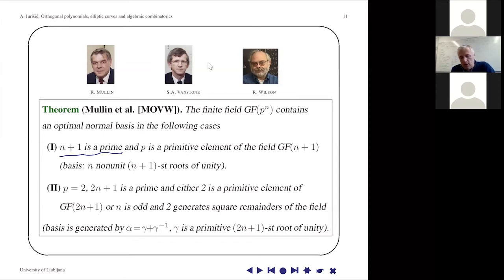And it turns out that these type 2 bases are generated by alpha, which is gamma plus 1 over gamma, where gamma is a 2n plus first root of unity. Yeah, so this was my problem. I had to somehow find fast multiplication and also inversion, which was needed in finite fields.